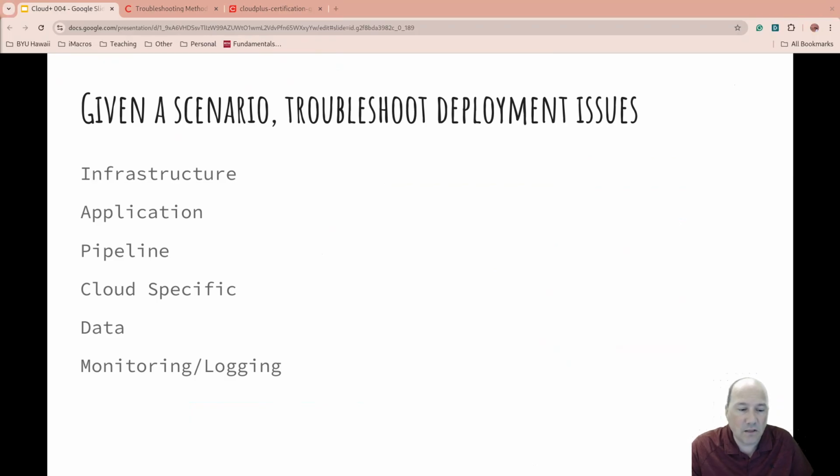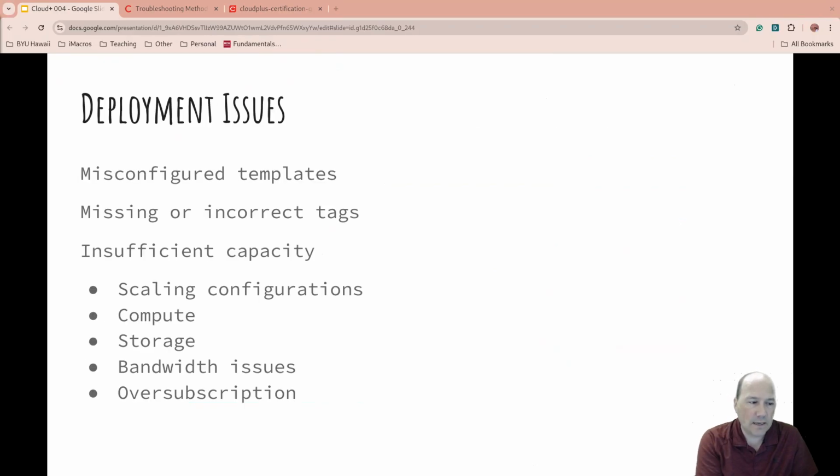So a lot of it is understanding the issue, and that's where monitoring and logging comes into play, but also the troubleshooting steps. Using some brain functions to try and understand what the issue is that you are seeing. So, thinking about deployment.